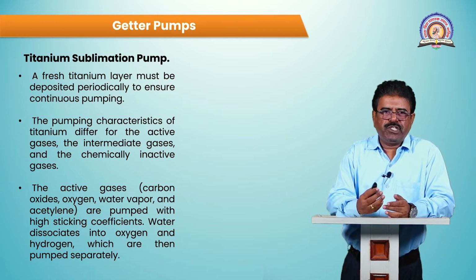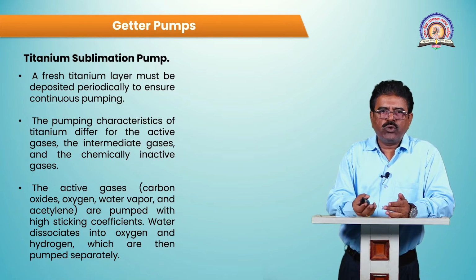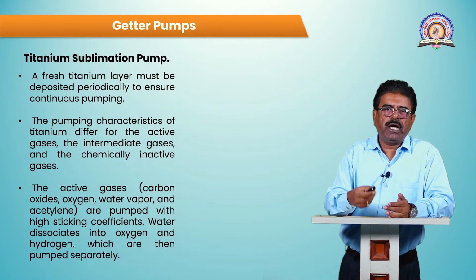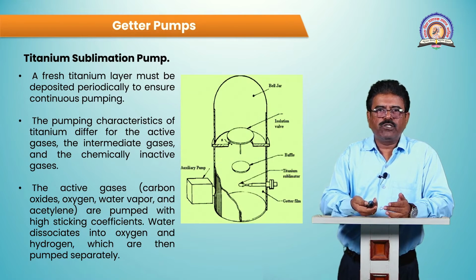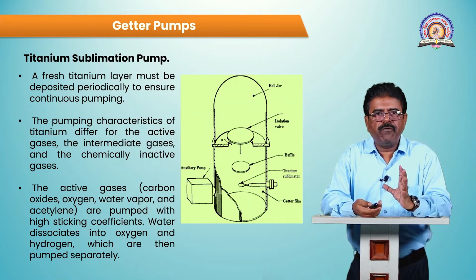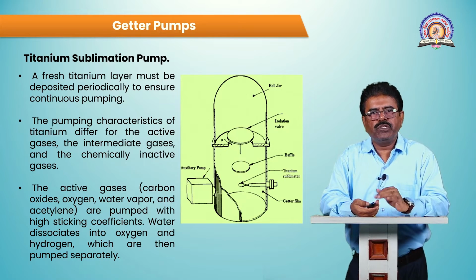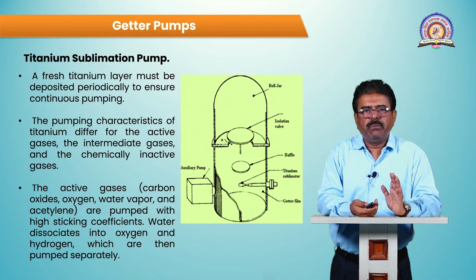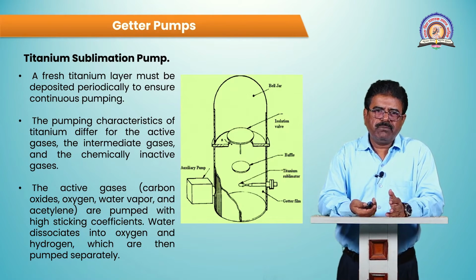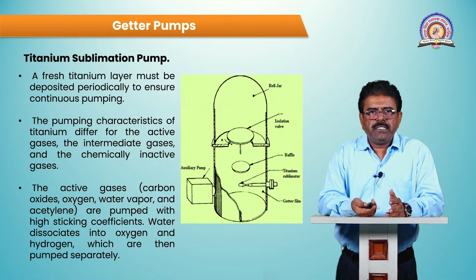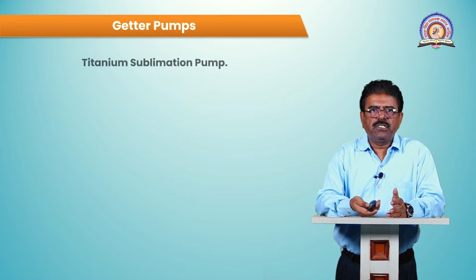Water vapor especially, so water first of all dissociates into oxygen and hydrogen, which are then pumped separately. So this is the first group of gas species which can be very efficiently pumped by the titanium sublimation pump.